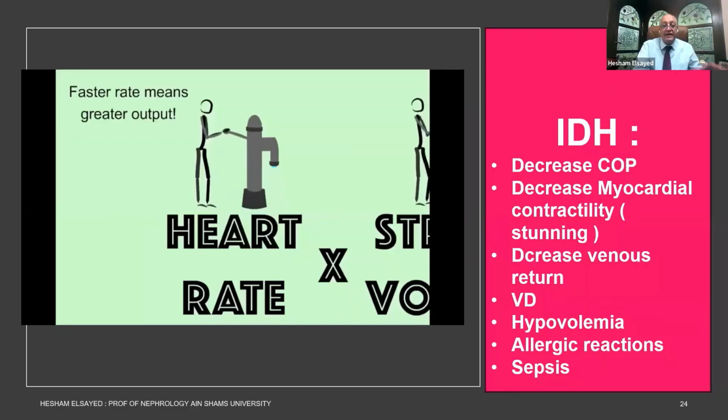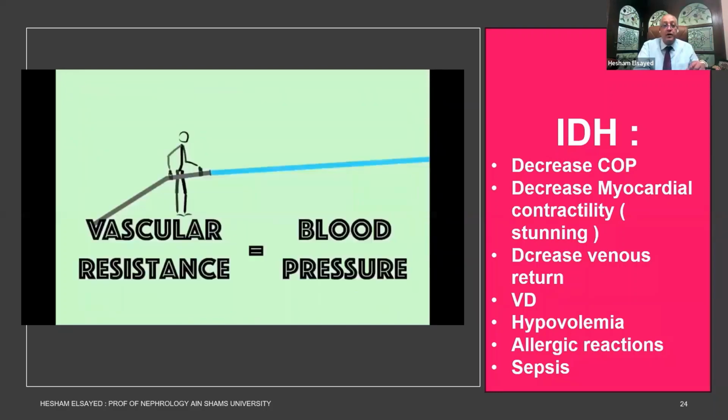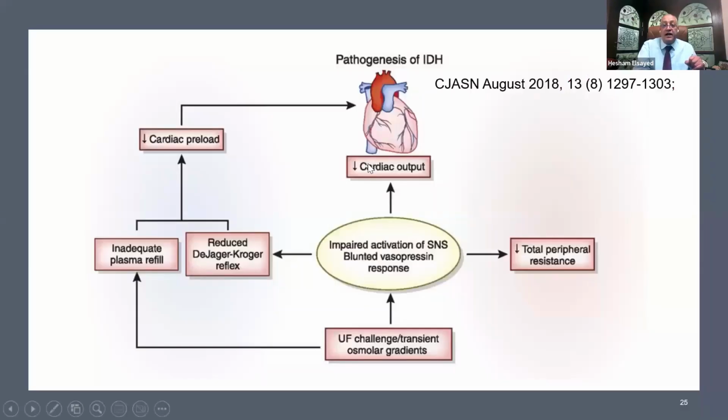If we have autonomic neuropathy, we will miss this compensation and have intradialytic hypotension. So the pathogenesis is decreased cardiac output, decreased total peripheral resistance, excess ultrafiltration challenges, inadequate plasma refilling, and decreased cardiac output.